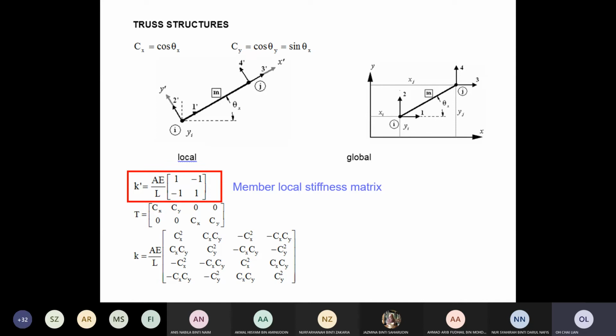I would like to highlight that k prime in that appendix, the one highlighted in the box, is the member local stiffness matrix.